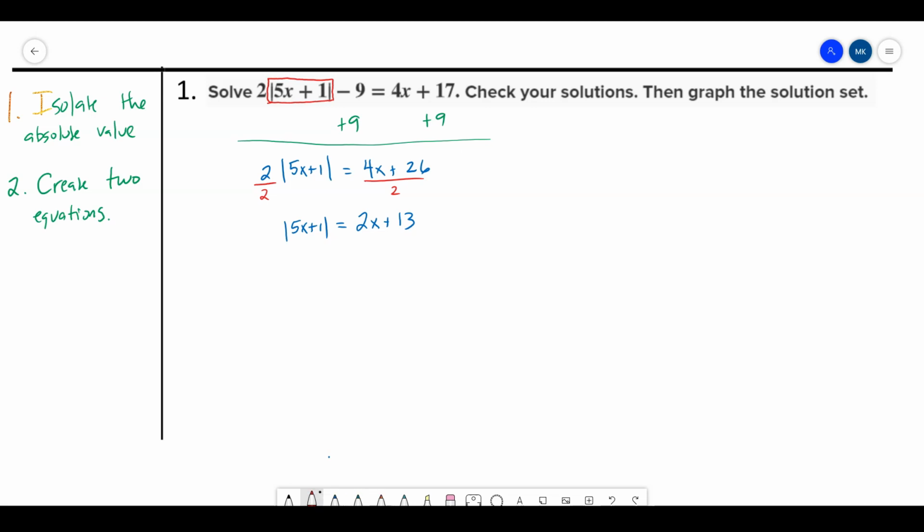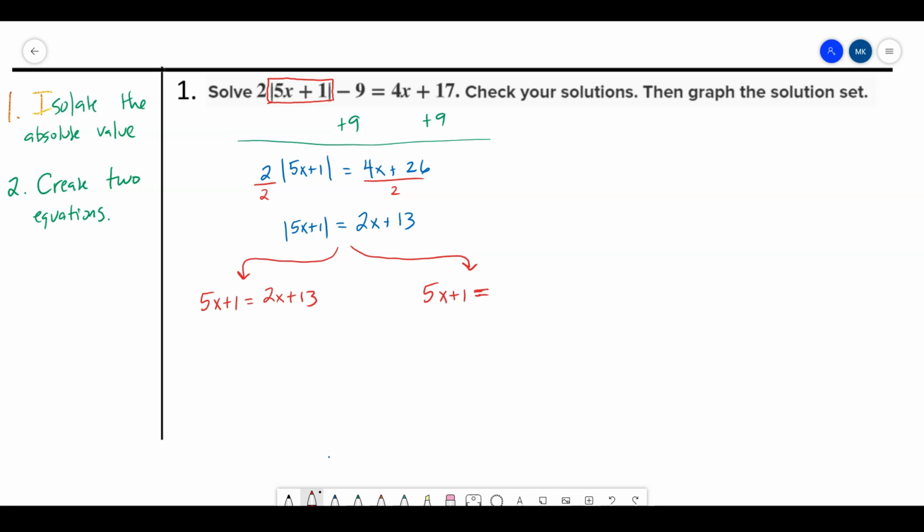So the first equation is just going to be the same setup. I'm going to say 5x plus 1 equals 2x plus 13. The second equation, I'm going to say 5x plus 1 equals, so I'm going to think of this as kind of reversing this equal sign, which is still an equal sign.